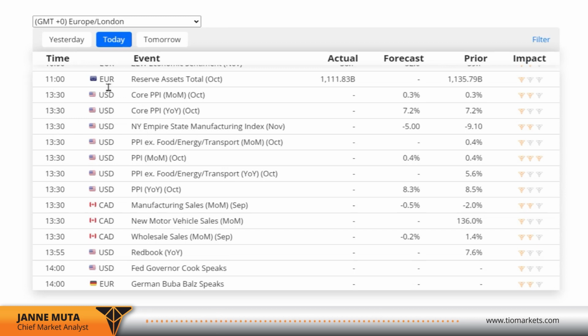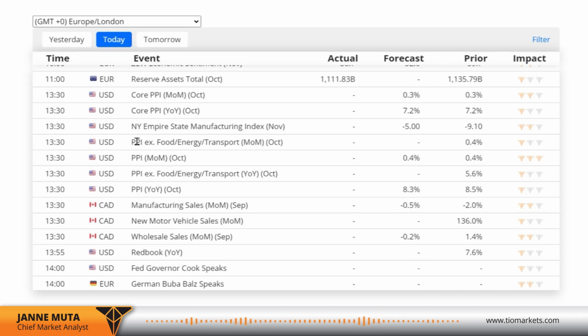Then this column here tells you what currencies are mainly impacted by the event. And now that we know that inflation is a big theme at the moment, look at all the numbers that are inflation related, like the producer price index, which used to be known as the wholesale price index, but it's the official measure of producer prices in the United States economy.